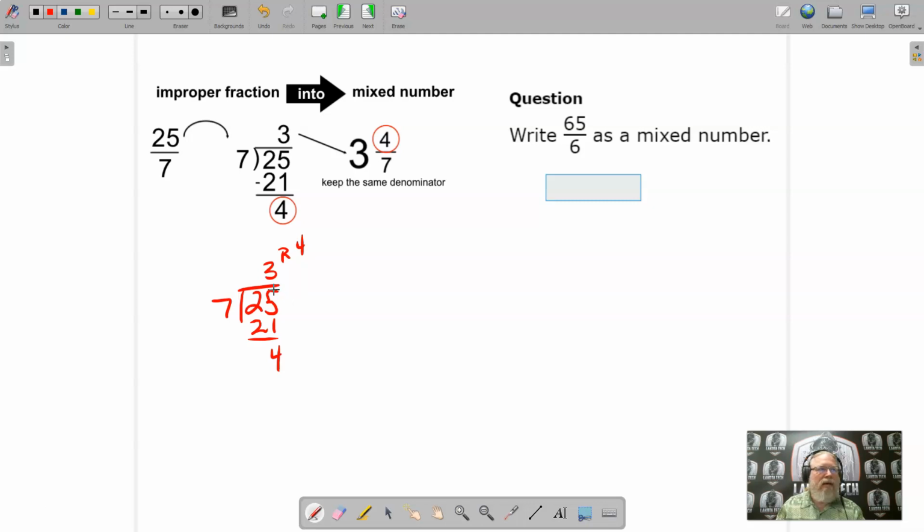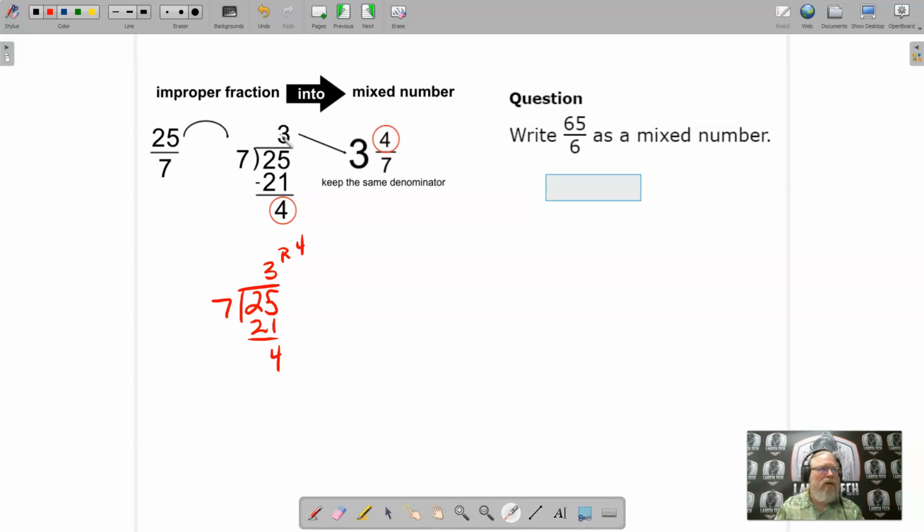Well, how it works out is that you've got a quotient, a divisor, and a dividend. I believe this is the quotient here, 3. That becomes your whole number out in front, or your integer out in front. It could be negative, I suppose. And your remainder becomes the numerator up here at the top, and your denominator still stays the same.